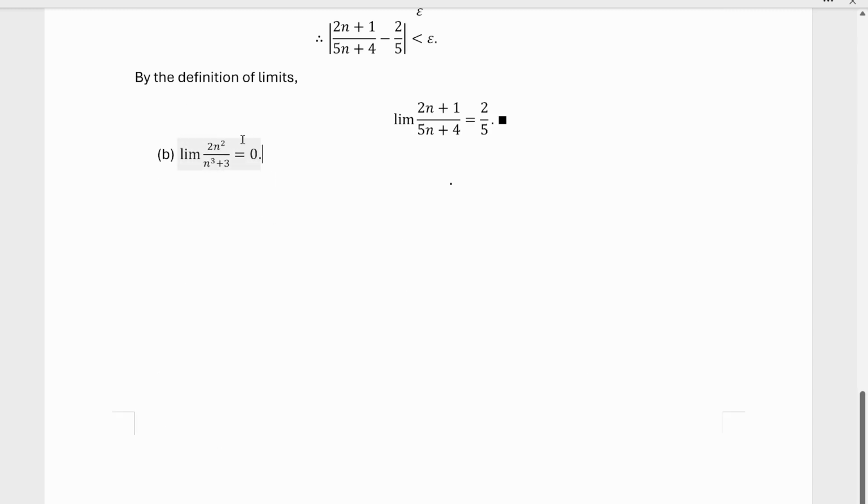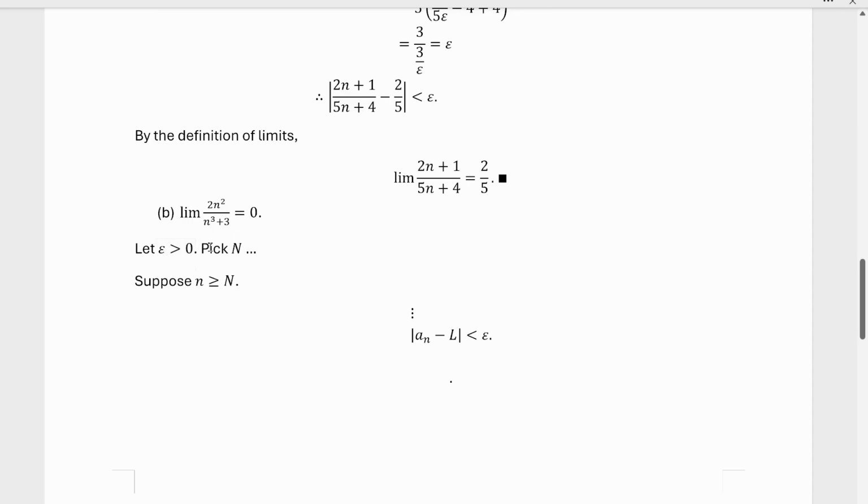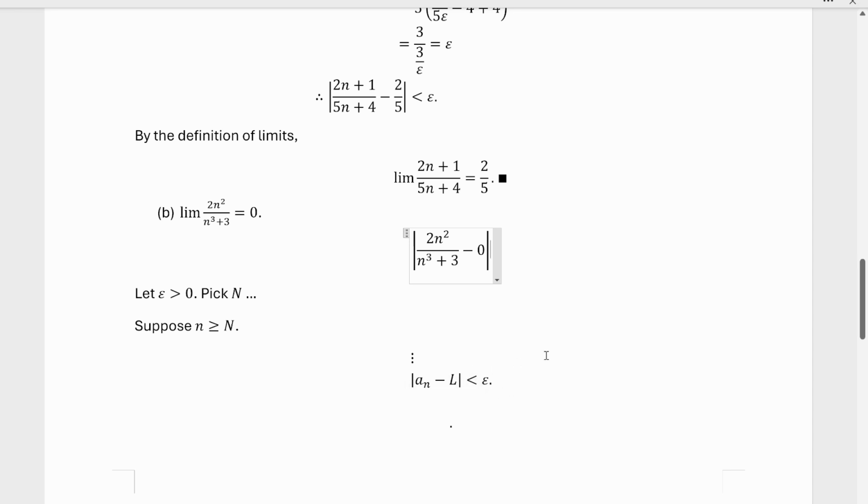The goal now is to prove this sequence 2n squared divided by n cubed plus 3 converges to 0. As usual, we bring down the template. Let's first start by writing down the distance between the sequence and the proposed limit. There's not much to simplify because the sequence is positive. So now we want the distance to be less than epsilon.